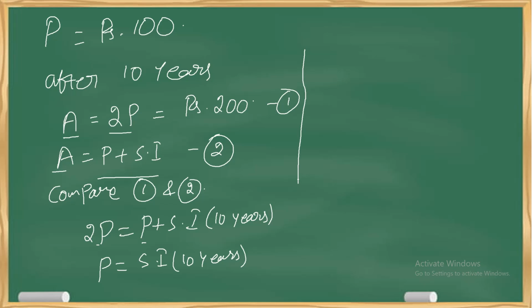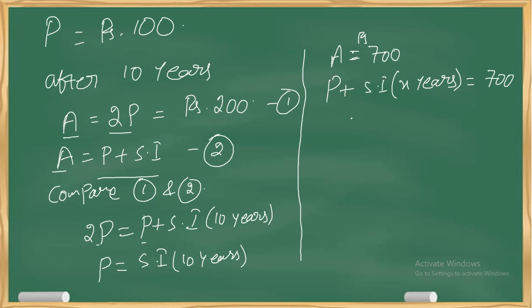Now the question here is, A should become 700 rupees. That means P plus simple interest of X years is equal to 700, and simple interest of X years is equal to 600. Why 600? P is already 100 rupees, right? I will take that side and it will become 600. Now that is equal to 100 rupees.